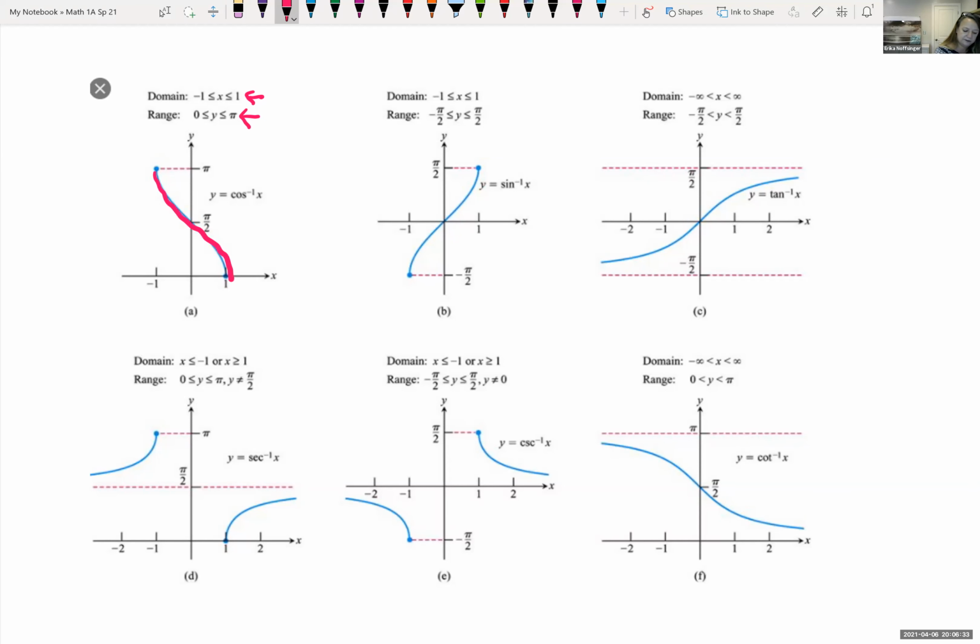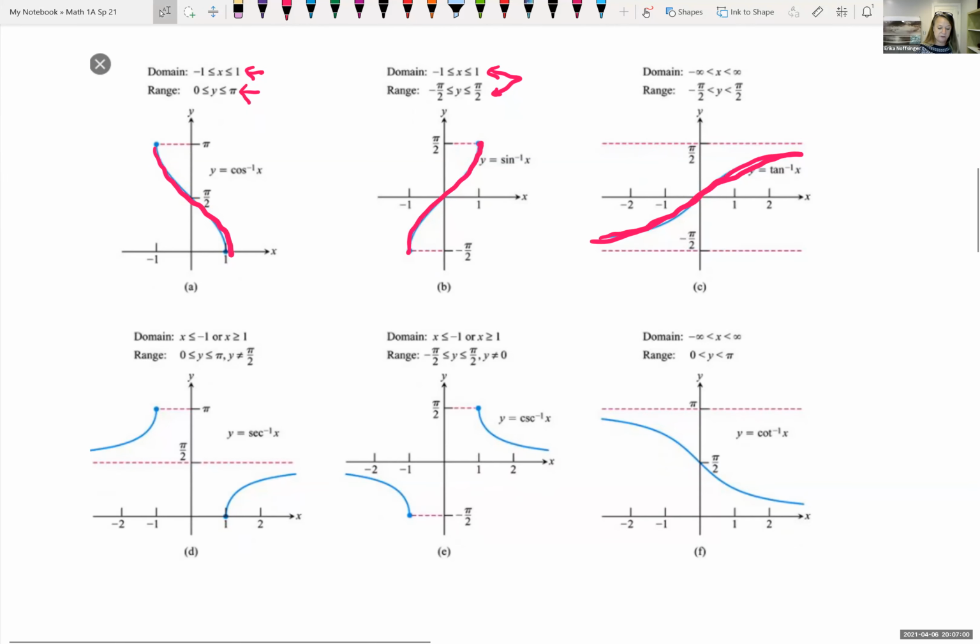The picture shows that case, swapping x and y, your range and domain, and replotting it. These would be the graphs of your inverse functions. You need to keep this in mind, domain and range, when we're evaluating inverse functions.